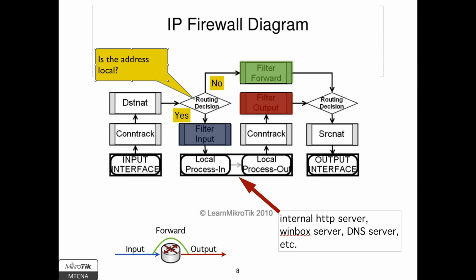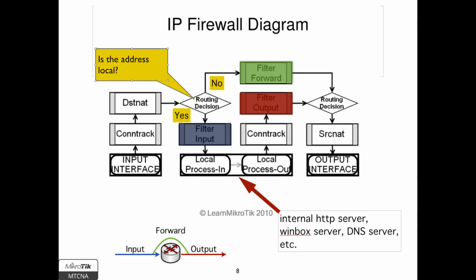So all of these things are going to be passing through this filter input or input filter. Looking down at our diagram here at the bottom of the screen, the input filter is all packets going into the router, and those are represented by this blue block right here.